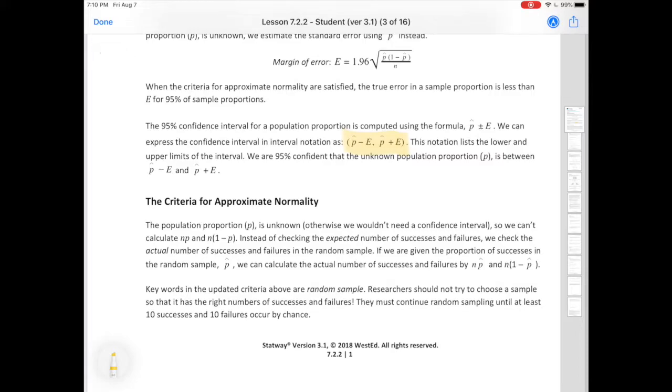You put this in parentheses, and on the left you put the smaller number, p hat minus e, and on the right you put the bigger number, which is p hat plus e. This notation lists the lower and upper limits of the interval. We are 95% confident that the unknown population proportion is between p hat minus e and p hat plus e.